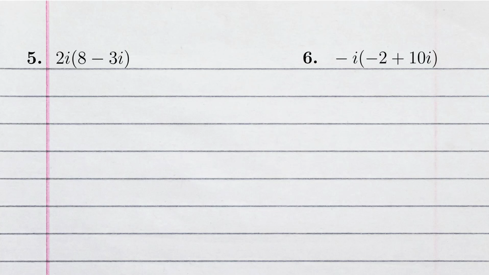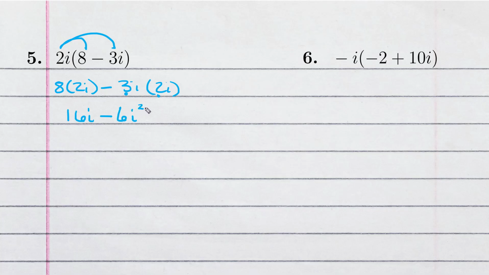And so you're going to distribute that 2i to both pieces. So 8 times 2i minus 3i times 2i. So 8 times 2 is 16. That's the only i, so I put 16i minus 3 times 2 is 6.